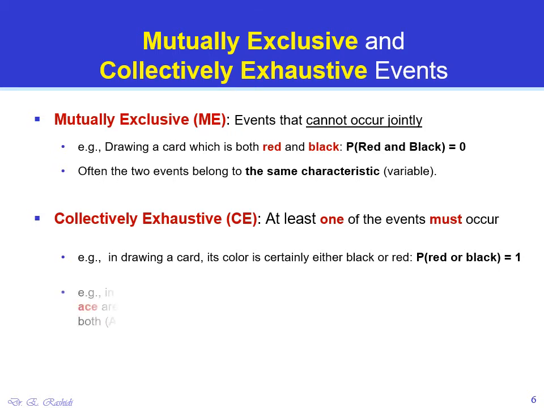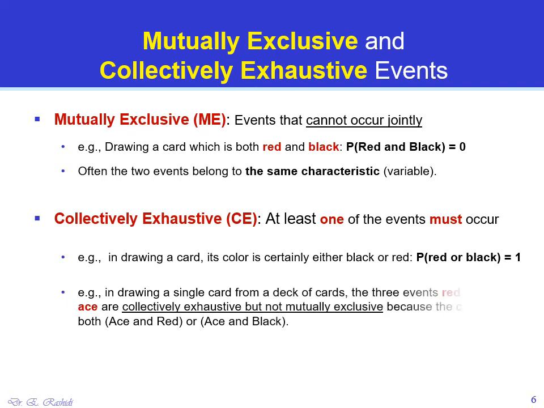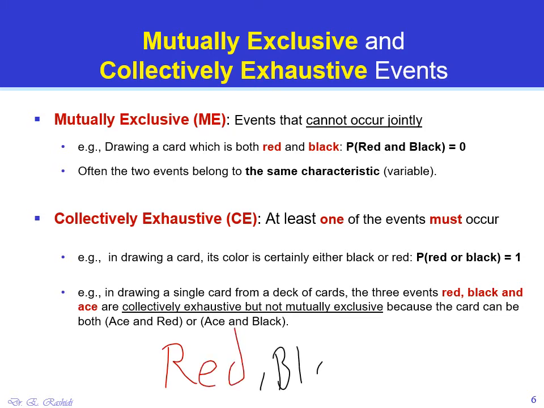Let's see another example. When drawing a single card from a deck of cards, the three events red, black, and ace are collectively exhaustive but not mutually exclusive. How come? So we have three events, red, black, and ace.